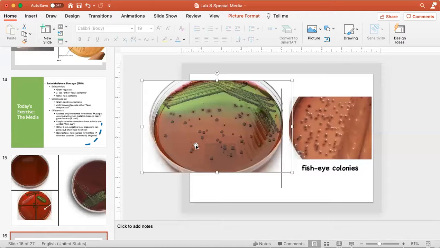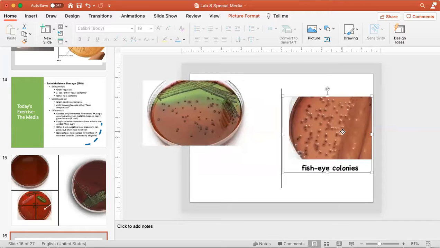You can see the purple color much better, but you got to look in the areas of very heavy growth to see the green metallic sheen. This is E. coli. And I will get a green color for E. coli, but only in areas where the growth is heavy, where I've got lots and lots and lots of cells growing. So that's one thing to note.